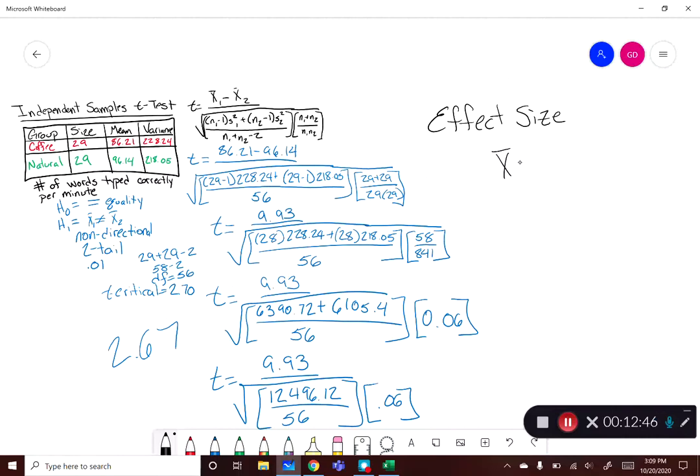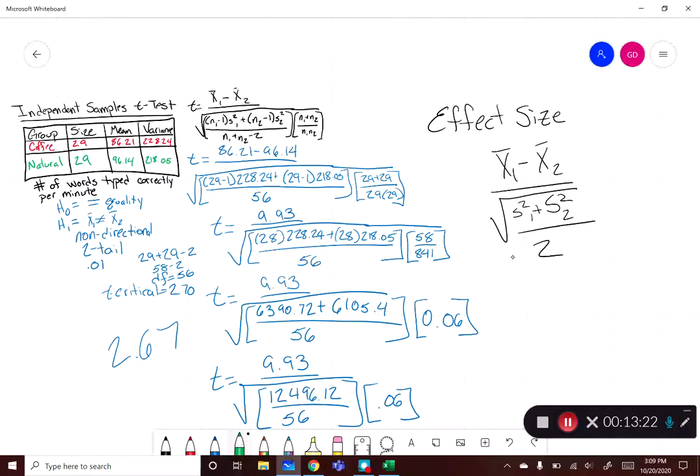is the mean of sample 1 minus the mean of sample 2 all over the variance here. So with that, we know these values already because we already have calculated them here in front of us. So if we fill out this formula, and I'm going to just switch colors so we can identify that it's effect size and not the t-test.